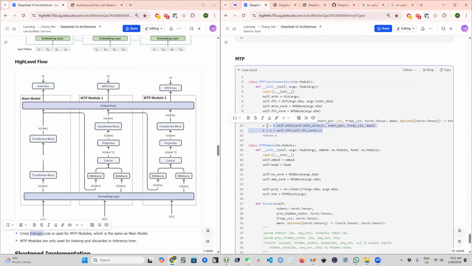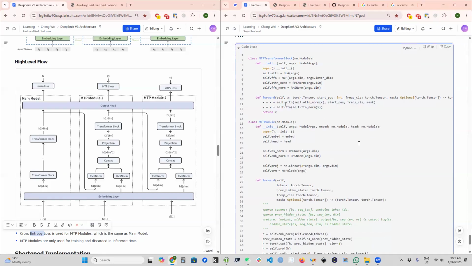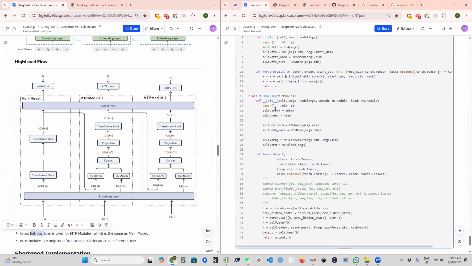This is the same code as before. Then we go to the multi-token prediction module. We have a shared embedding that we pass in, so it's shared with the main model. And the head we also pass in from the main model.